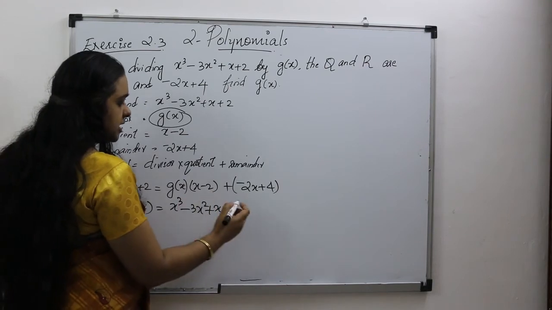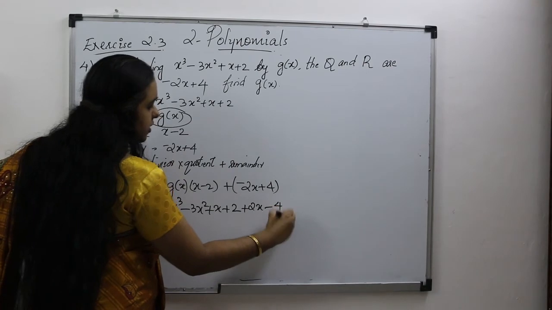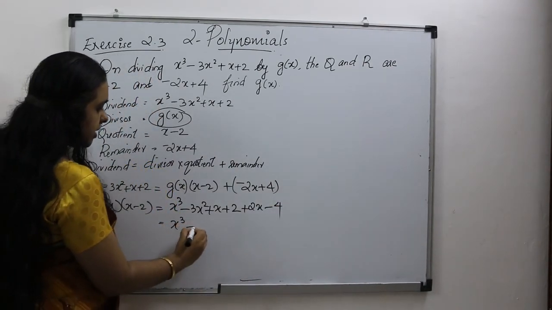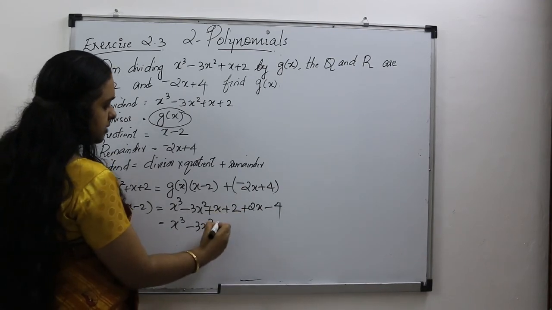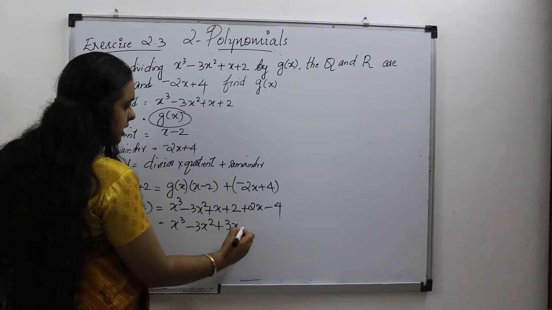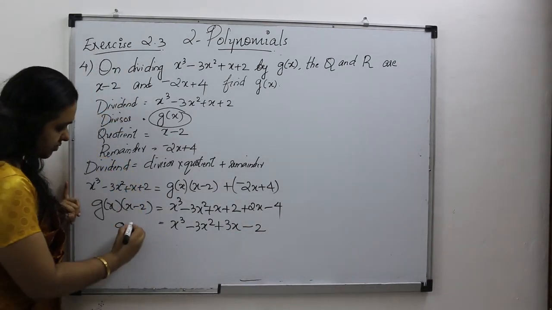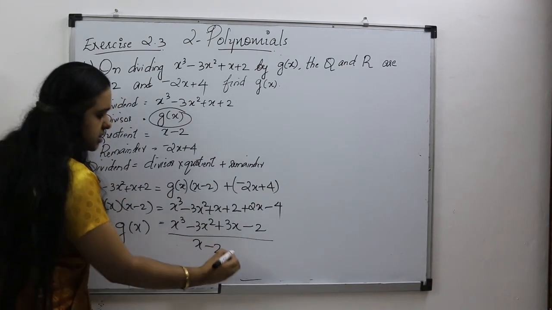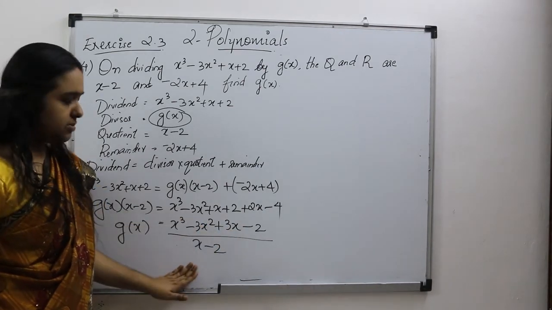When we take it to the other side, this will become plus 2x minus 4, right? So x cube minus 3x square, x plus 2x is plus 3x, minus 2. Then g of x will be this divided by x minus 2: x cube minus 3x square plus 3x minus 2 by x minus 2.